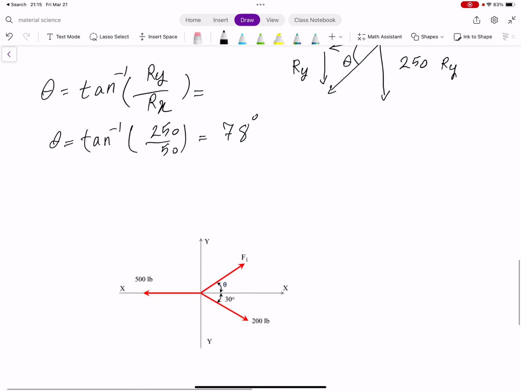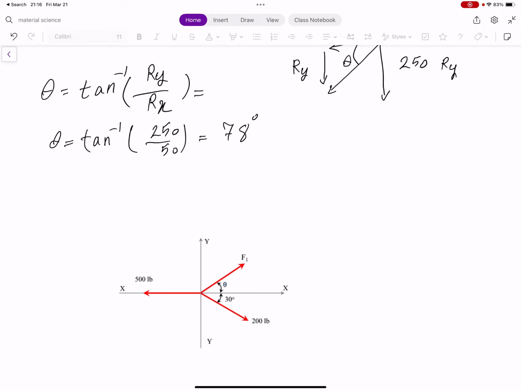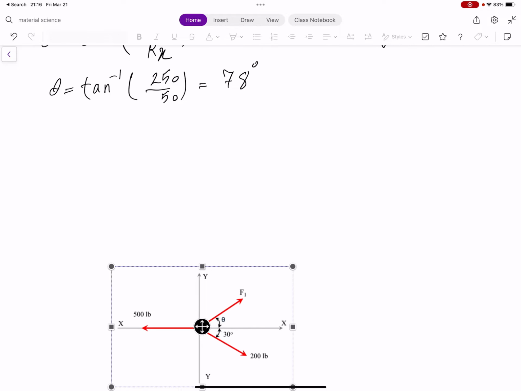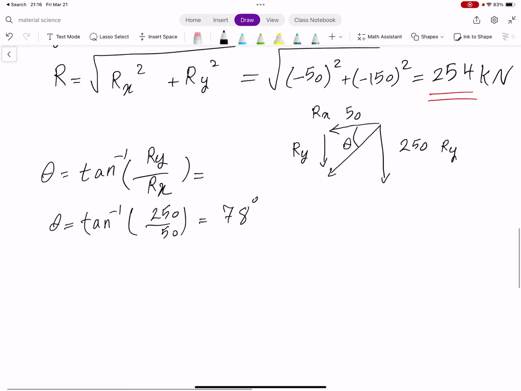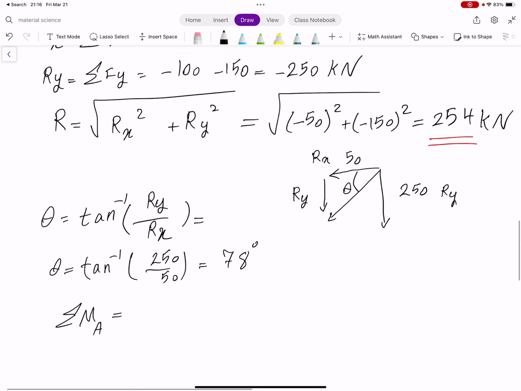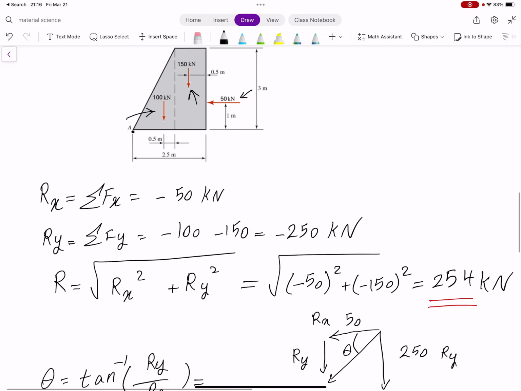Then the next step is to find the summation of moment about point A. Let me transfer this a little further down so we have enough space. The summation of moment about point A: what do we have? We have three forces, 100, 150, and this 50.